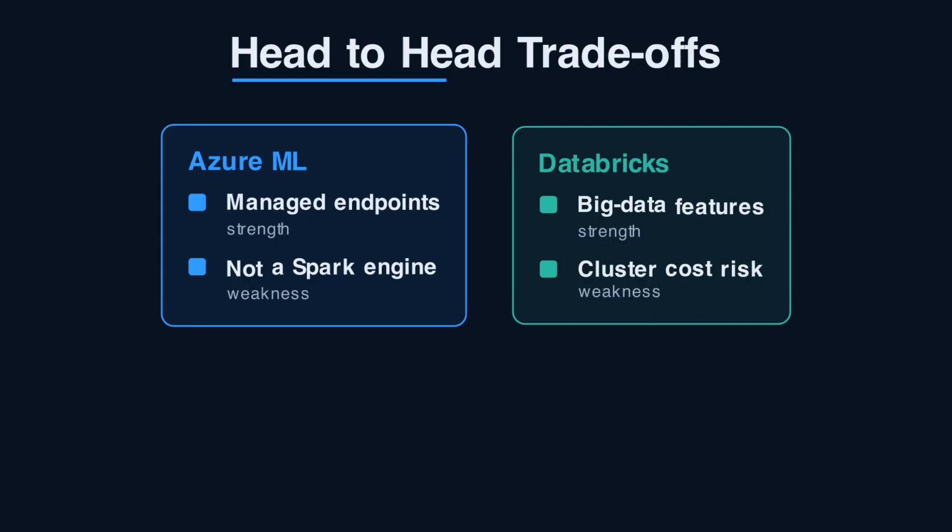It hurts on cost discipline if clusters are left running, and its deployment and approval workflows can feel less prescriptive than Azure ML pipelines. Worth noting, these aren't mutually exclusive. A common pattern is engineering features in Databricks, then training and serving through Azure ML, since both speak MLflow.